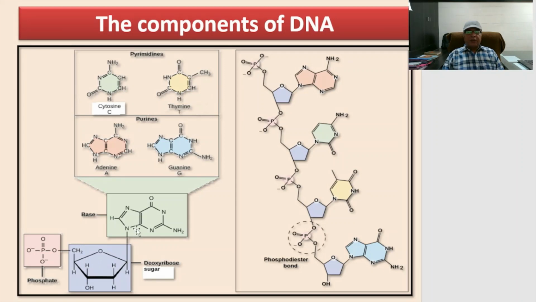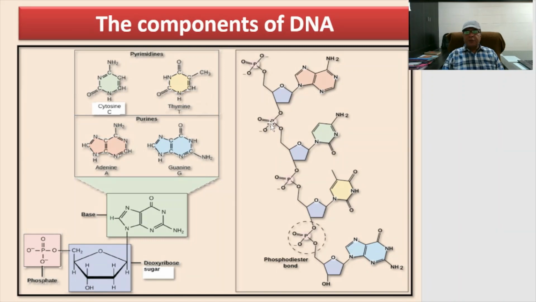In a nucleotide, at the third position there is an OH group, and this remains free. During polymerization, successive nucleotides are attached at this third position.